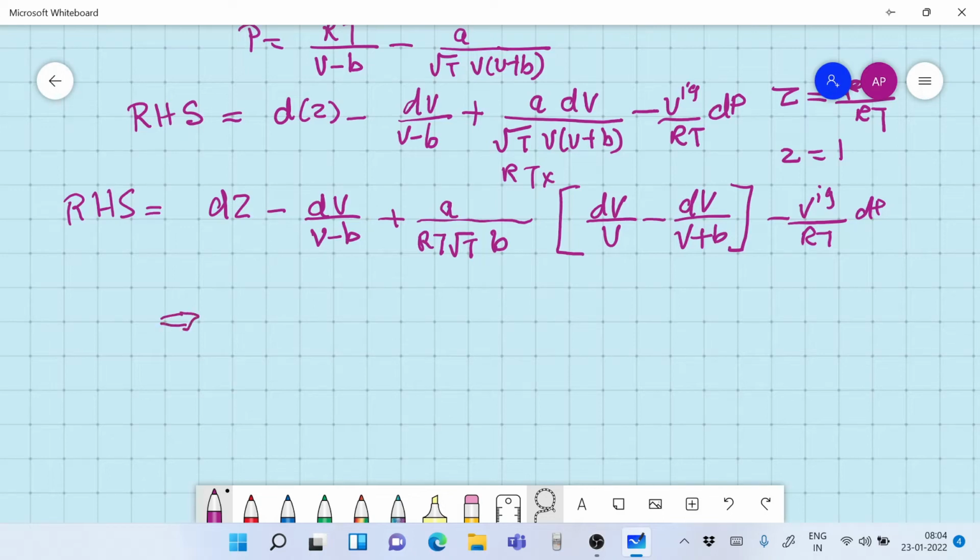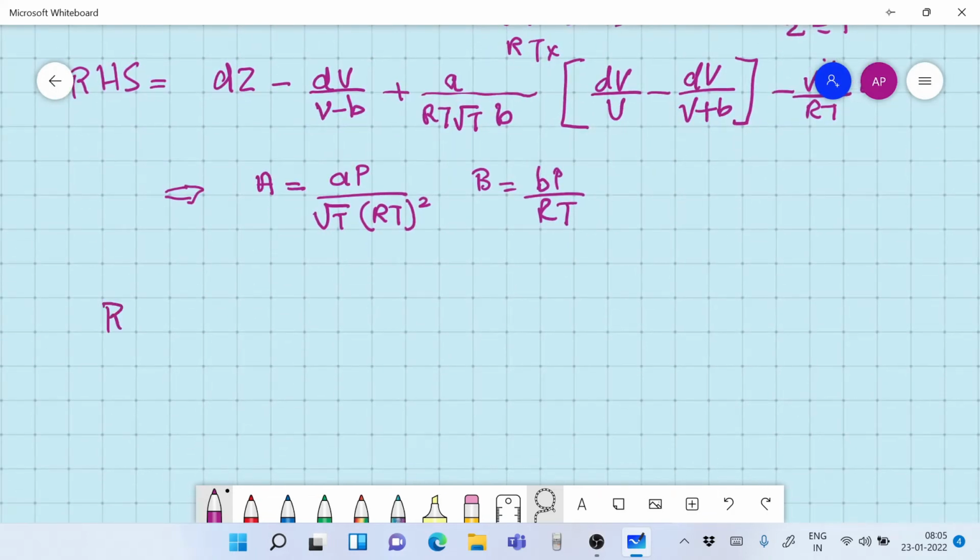so we define a few constants here. We could define A as AP by root T RT square, and we define B as BP by RT.